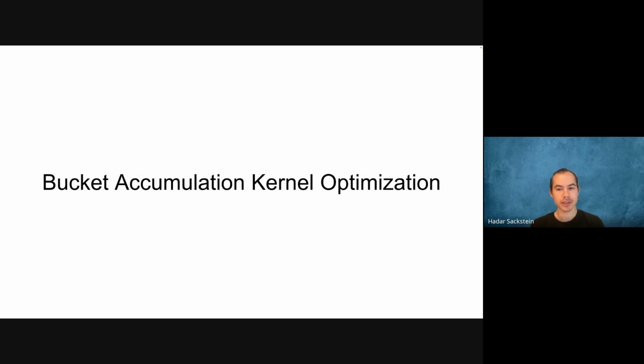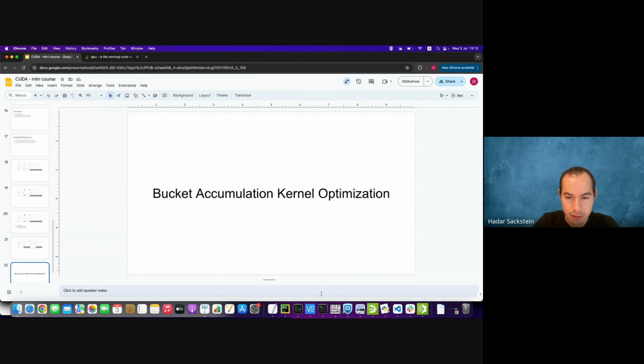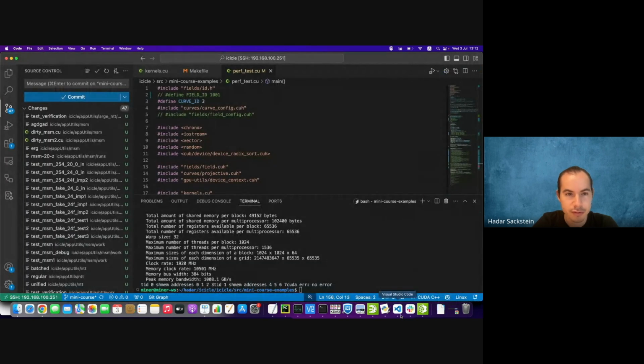So as an example of a kernel that we would like to optimize, I want to look at a kernel similar to the bucket accumulation kernel from the MSM. Moving on to VS Code.